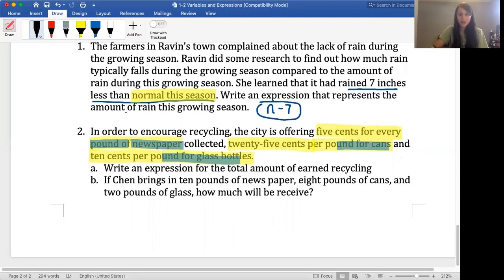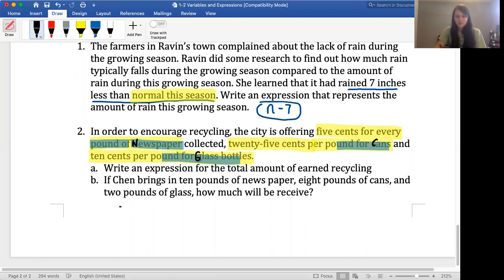So for part A, write an expression for the total amount of earned recycling. Well, I'm going to use maybe an N to represent newspaper, a C to represent cans, and maybe a G to represent the glass bottles. So to find out how much money I earn for newspapers, I'm going to do 5 cents times the pounds of newspaper, right?